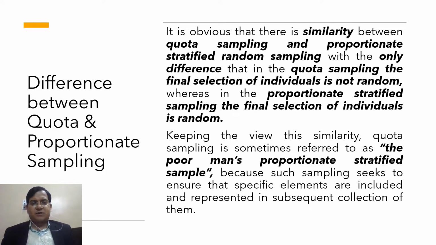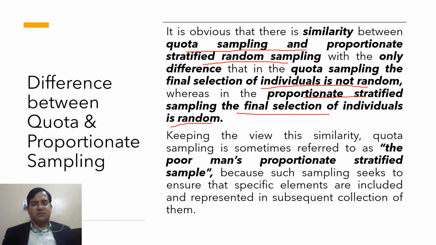The similarity between quota sampling and proportionate sampling is stratified random sampling. The only difference is that in quota sampling, the final selection of individuals is not random, but in the case of proportionate stratified random sampling, the final selection of individuals is random. So the difference is similar to probability and non-probability sampling.